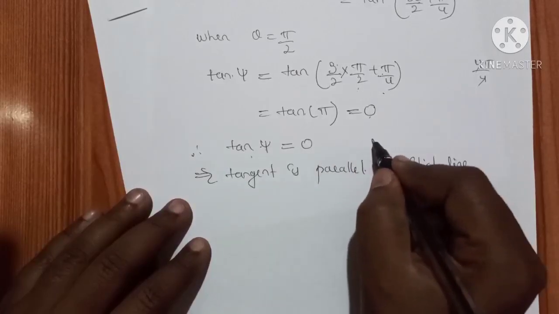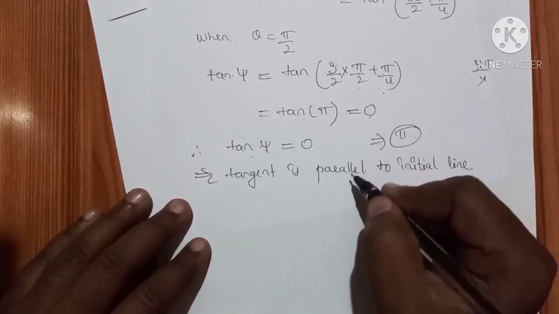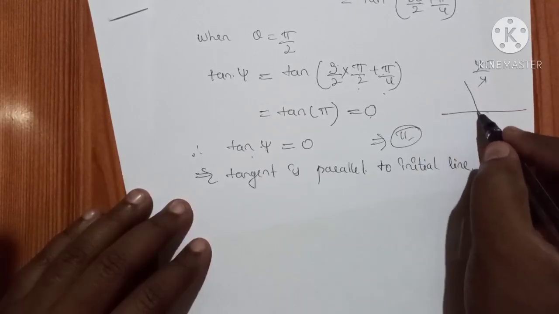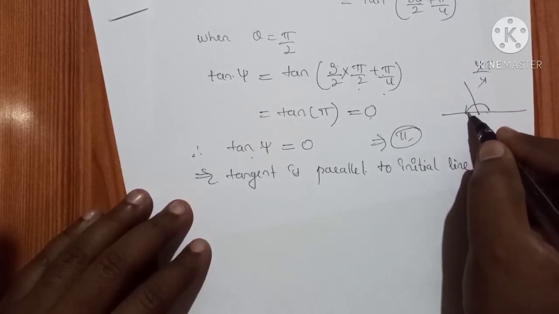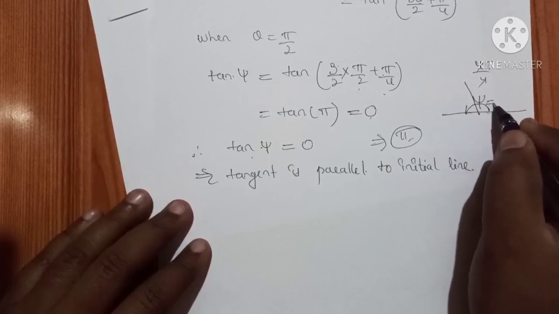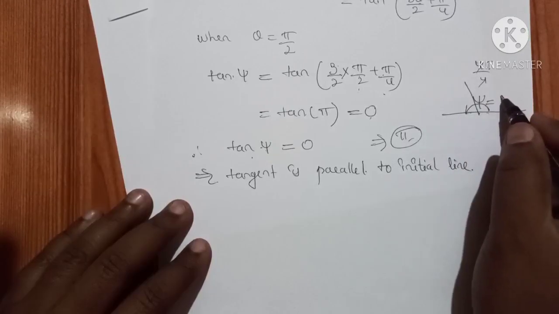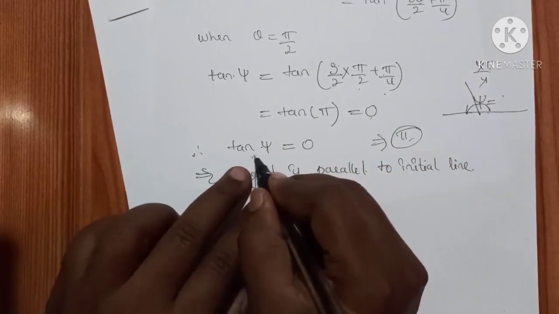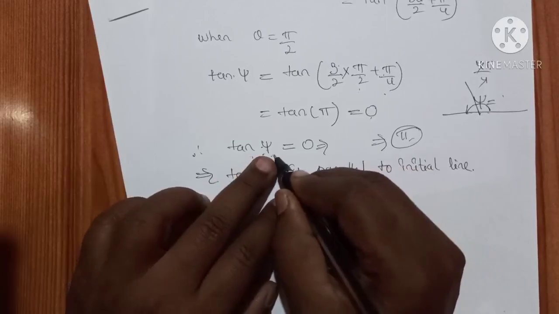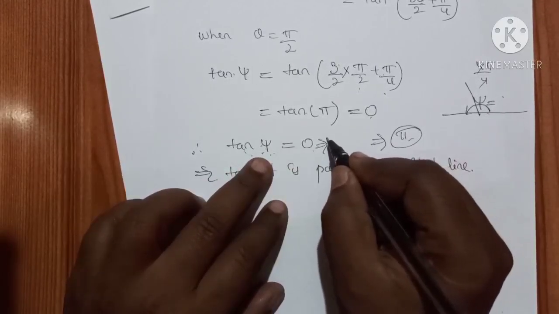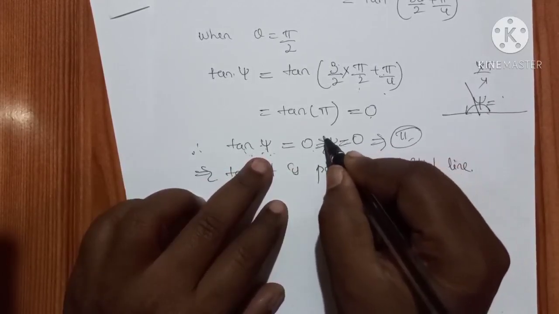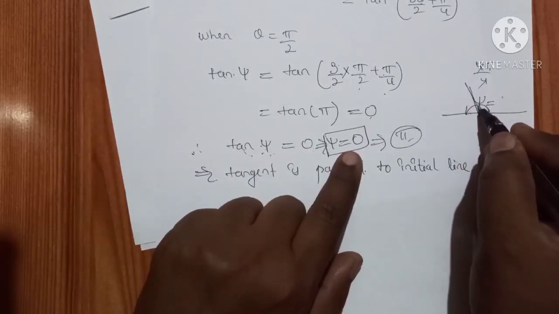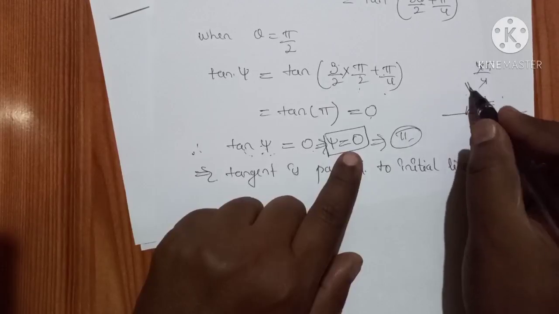If we get pi, then also we can say that it is 180. So if psi is equal to 180, tan of psi is equal to 0, which implies tan inverse of 0 equals, we get psi equal to 0. So psi equal to 0 means the angle between this initial line and this tangent is 0.